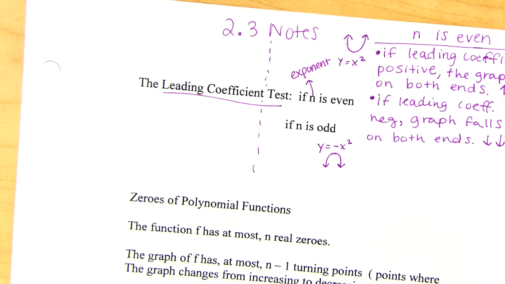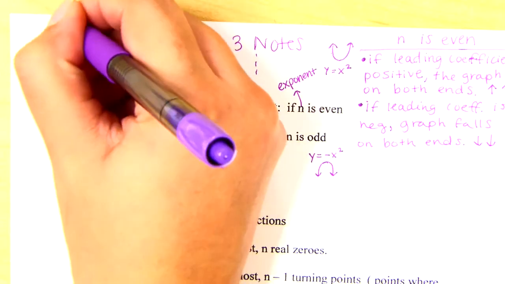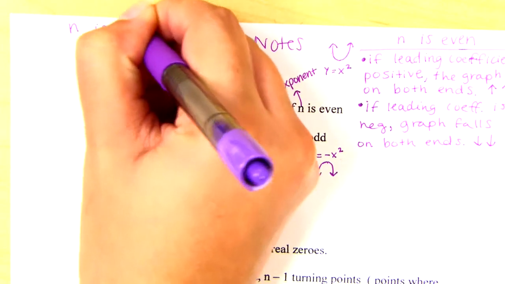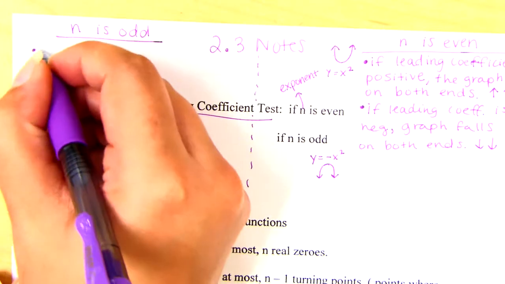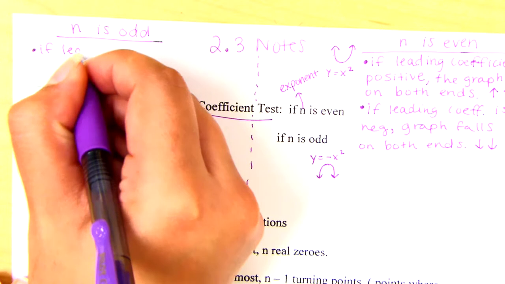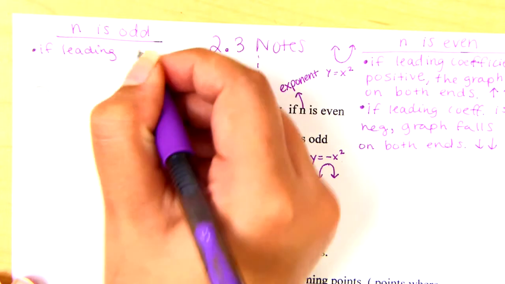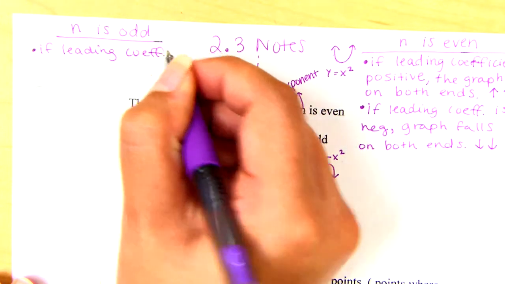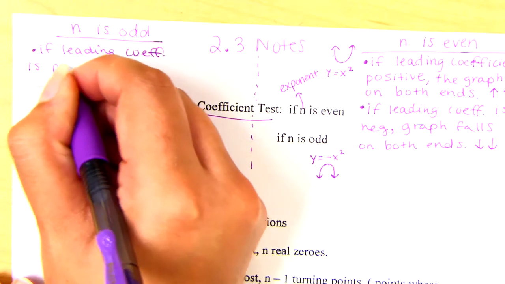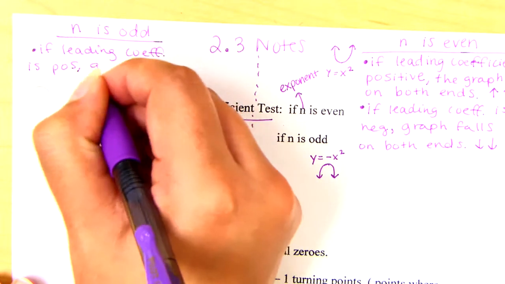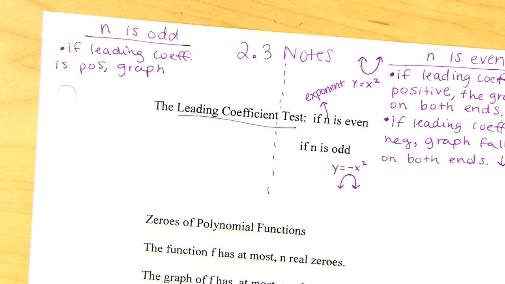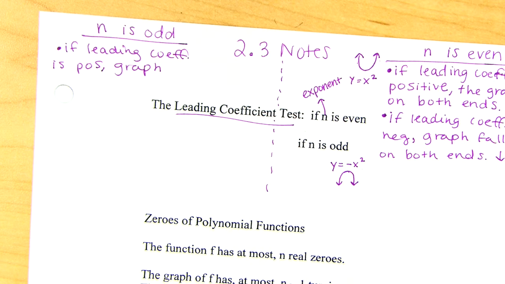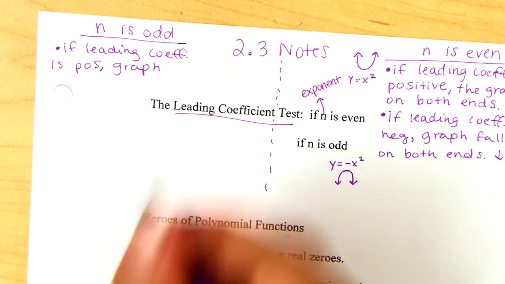All right, so then we come over here, and when n is odd, if the leading coefficient is positive, I want you to think about an odd-powered function and what that looks like.